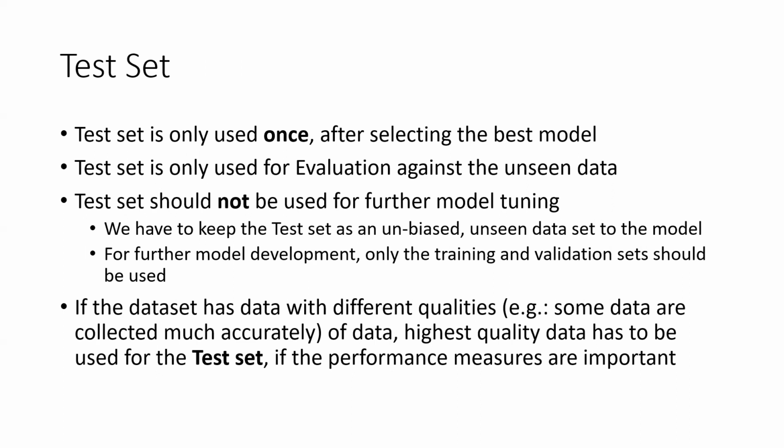Okay, so that is what we mean by test set. So it should be used only once and can be used for representing the unseen data in the data set, right?